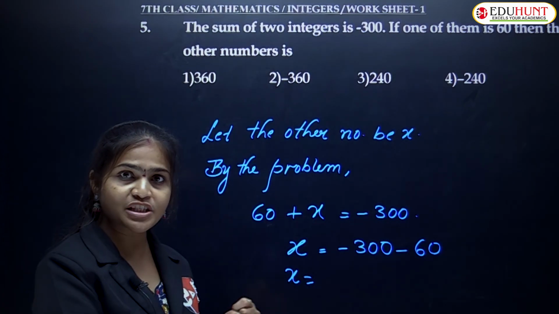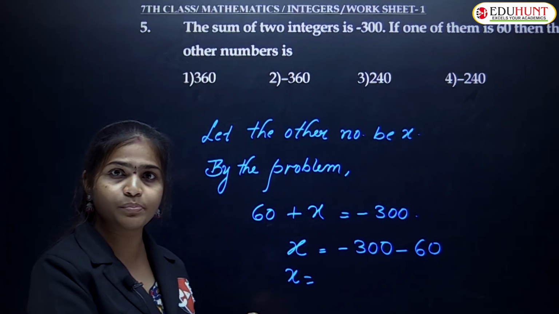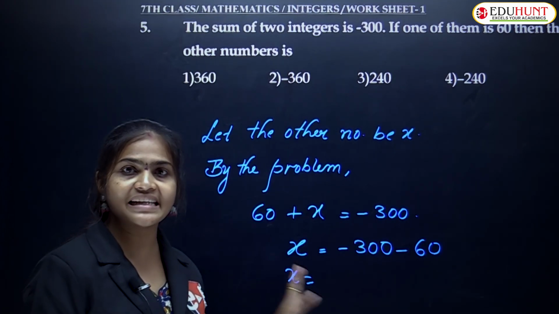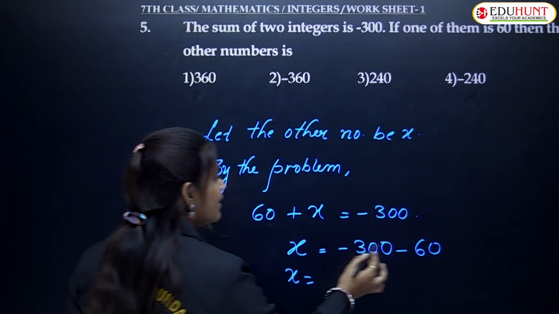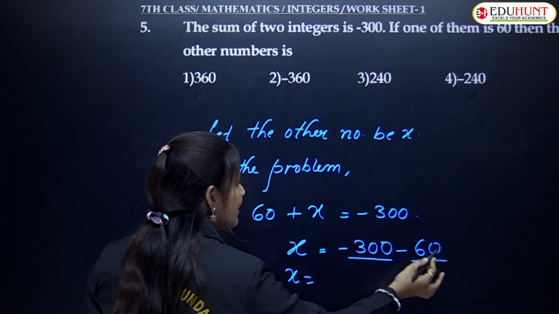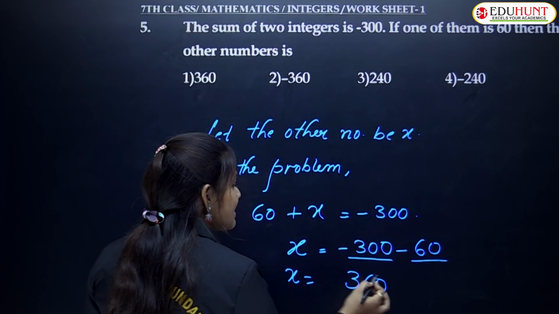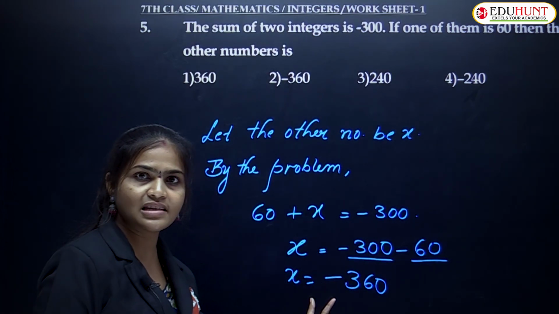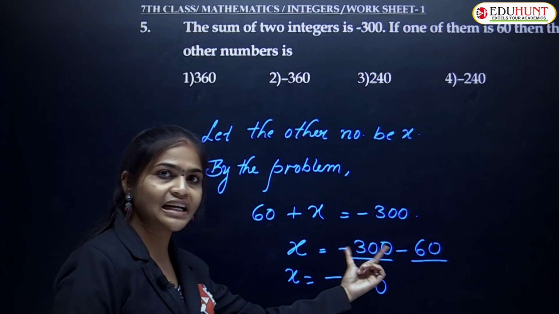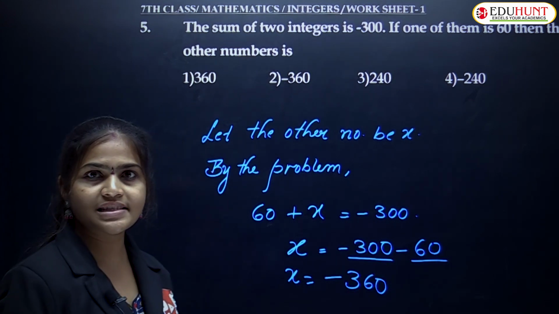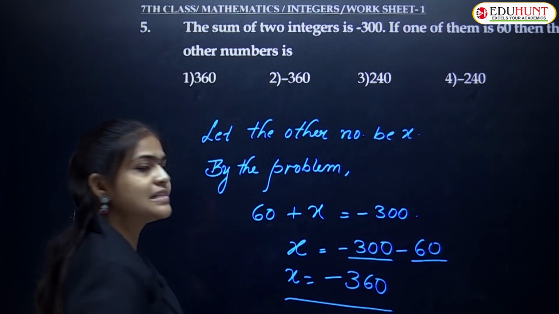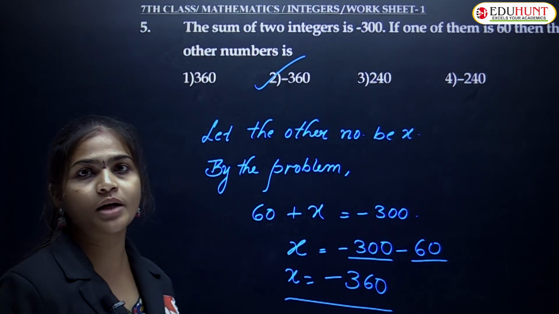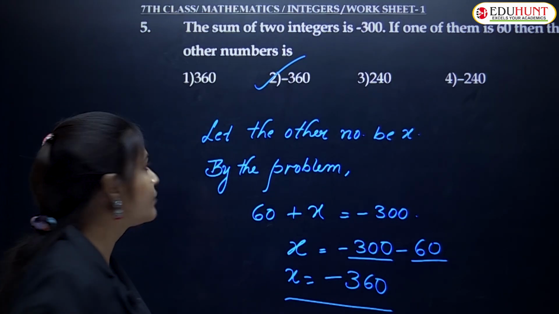Add the numerical values, 300 plus 60, 360, and keep the sign they have. If both are positive, the answer is positive. If both are negative, the answer is negative. So x is equal to minus 360. Which option is correct here? Option 2 is correct. Am I clear to you? Yes.